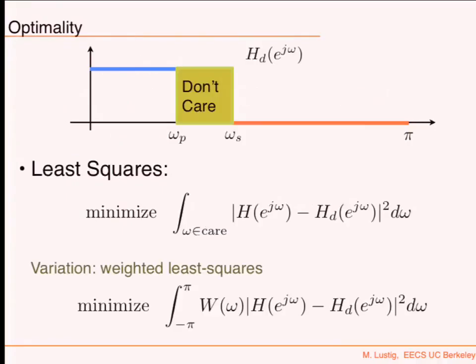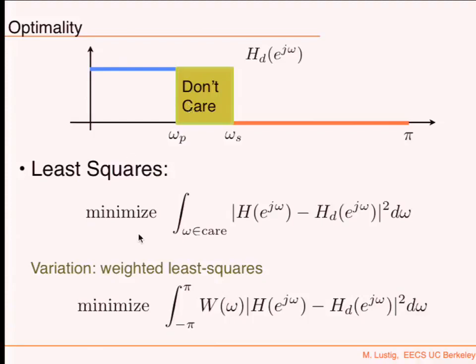Just to lead you to what we're going to talk about: an example where you have some passband, certain frequencies you want to pass, certain frequencies you want to stop, but you don't care about the frequencies in between. How do you design the best filter, and what is the optimality criterion there?